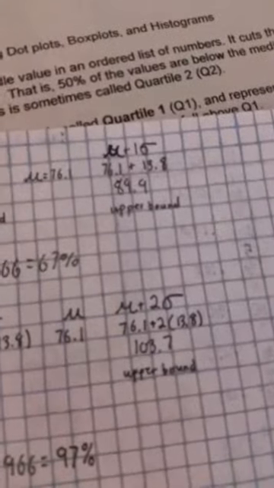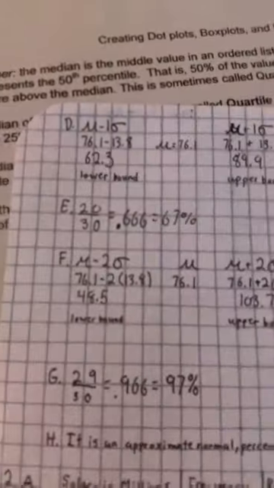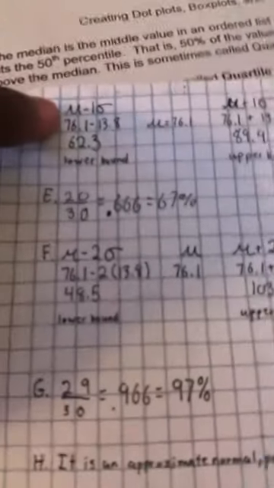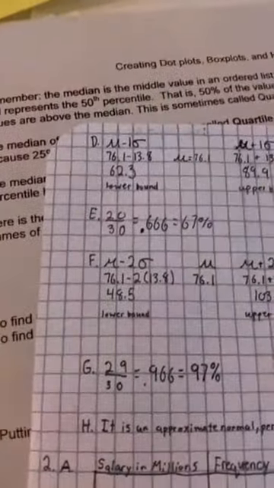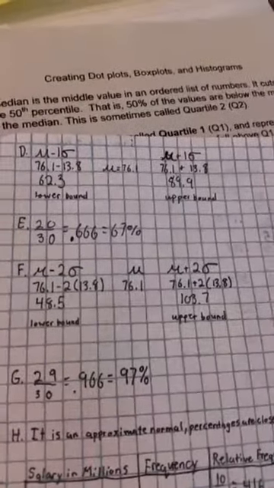For D, what I had to do is calculate the interval that contains values within 1 standard deviation of the mean. I got the mu, which is the symbol that looks like a cursive U, minus 1 standard deviation, and then mu plus 1 standard deviation.